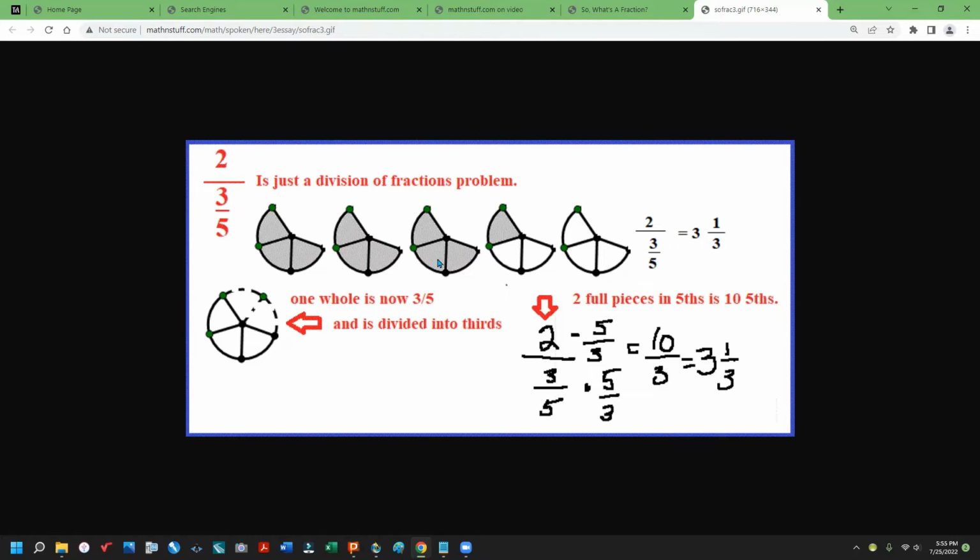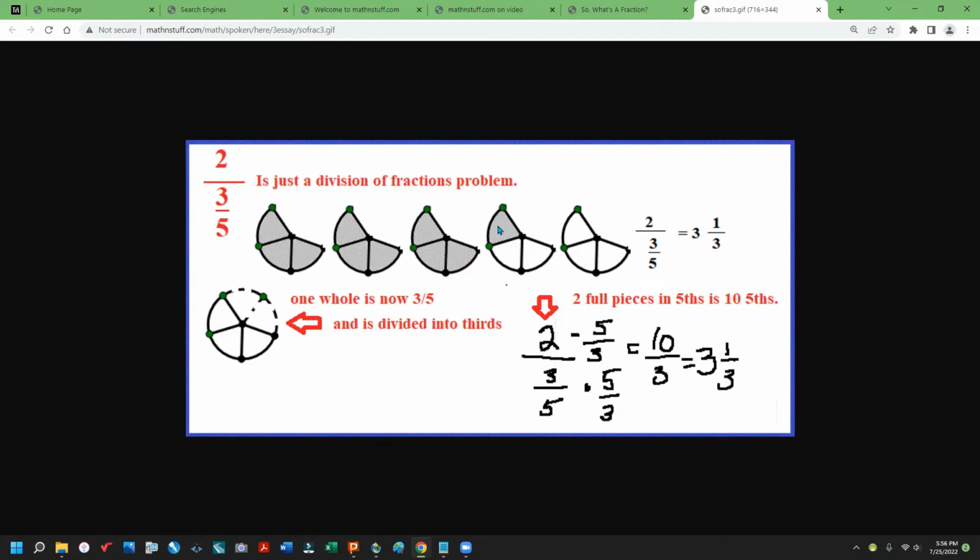So in our picture of the 3/5 as a whole, we have to shade 2 whole pieces. That's the same as 10/5. 1, 2, 3, 4, 5, 6, 7, 8, 9, 10.